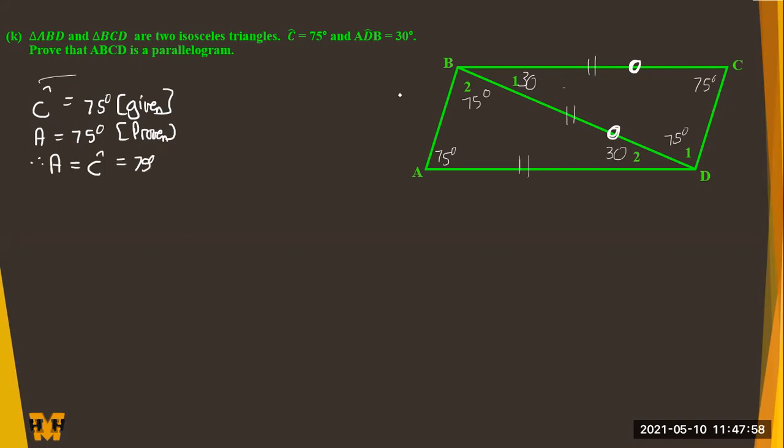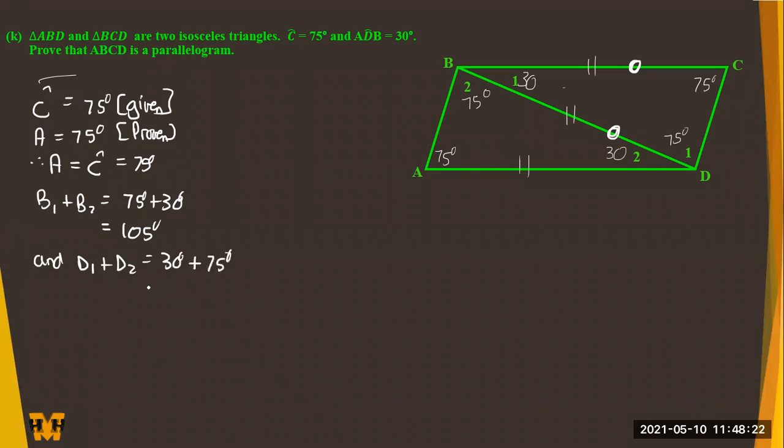Then I'm going to work with B1 plus B2. B1 plus B2 is 75 degrees plus 30 degrees, because we already proved B2 is 75, I don't have to say it again. And D1 plus D2 is 30 degrees plus 75, which is 105.